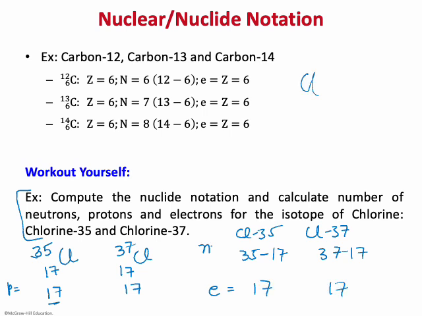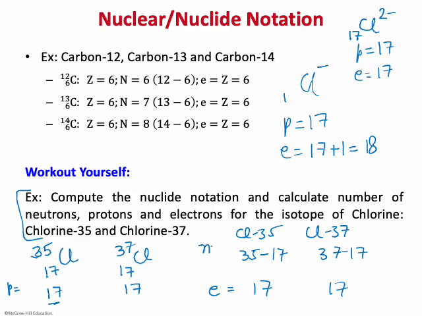For example, if I said Cl negative, then we know that the protons is 17, which means electrons would be, because it has a minus 1 charge, one extra electron. So ideally 17, but because it has a negative charge, 18 electrons. If I say, let's say Cl2 minus, even though it doesn't exist, Cl, atomic number 17, so proton 17, which means electrons is 2 extra.